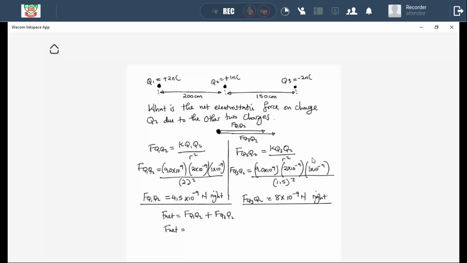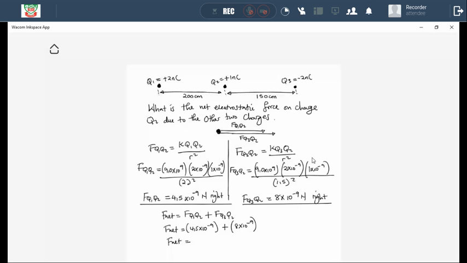So FQ1 Q2, I got 4,5 times 10 to the power minus 9. I close, plus I'm getting 8 times 10 to the power minus 9. I close. Right. So my F net is equal to, I need my calculator again, friends. So I have got 4,5 times 10 to the power negative 9.